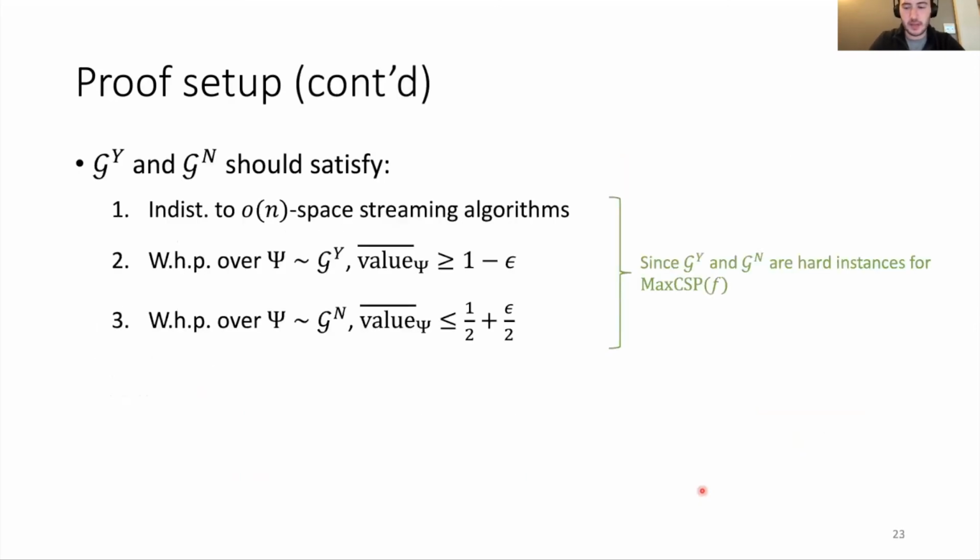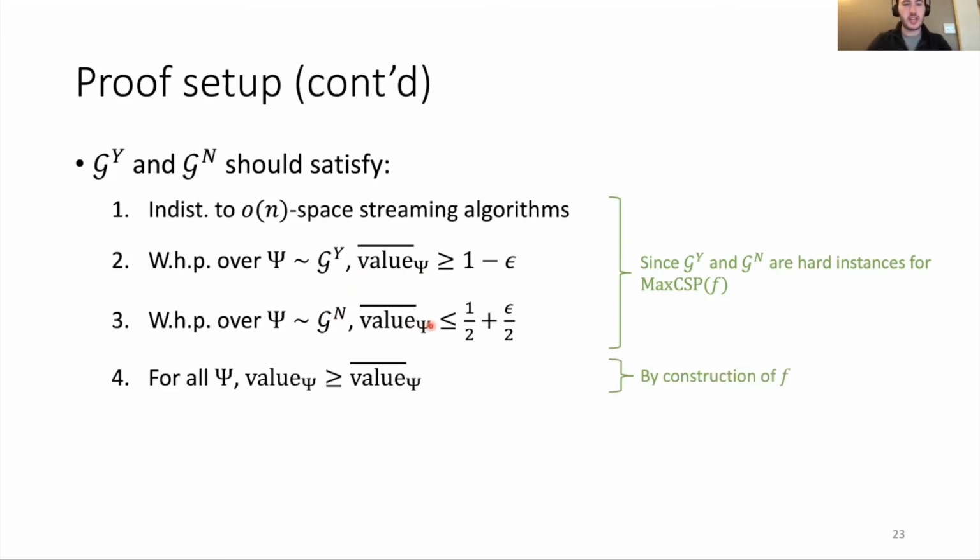Okay, since we picked gy and gn to be hard instances for the max CSP f problem, what do we know? Firstly, they're going to be indistinguishable to sublinear space streaming algorithms. We know that gy will have high max CSP f values with high probability, and gn will have low max CSP f values with high probability.